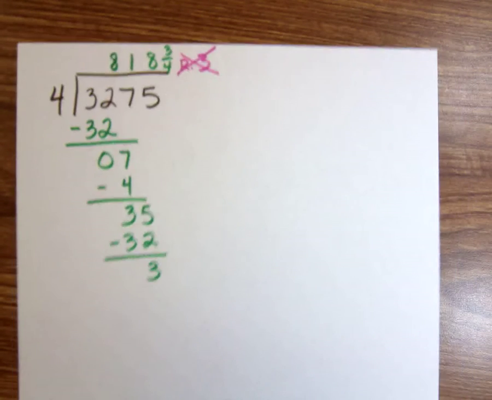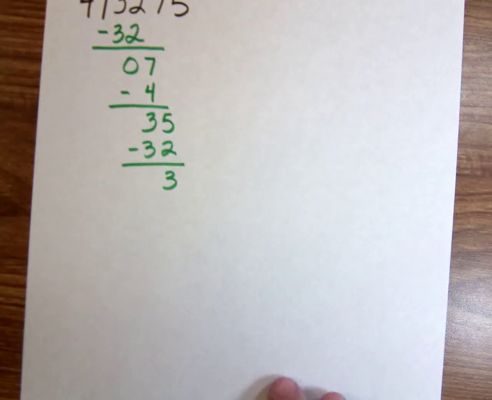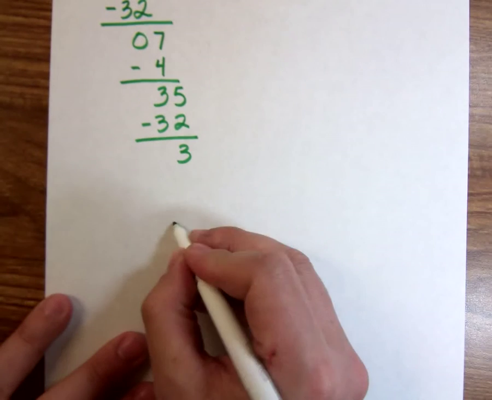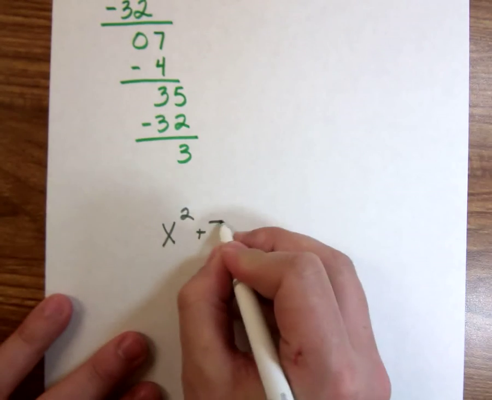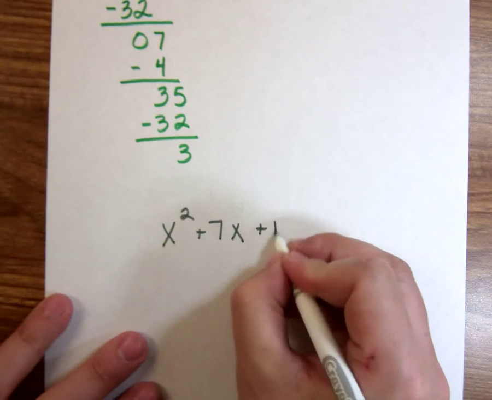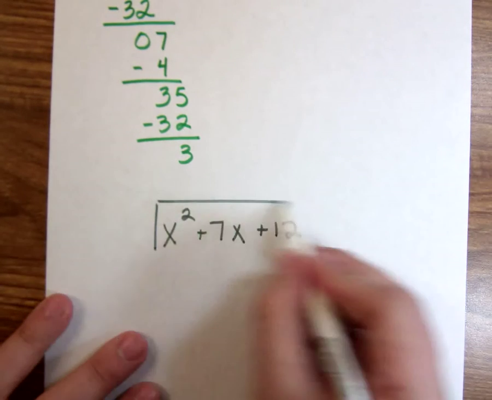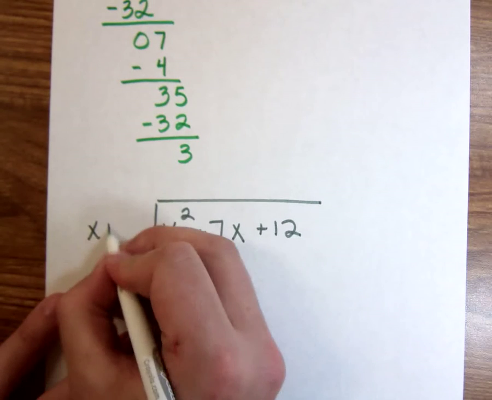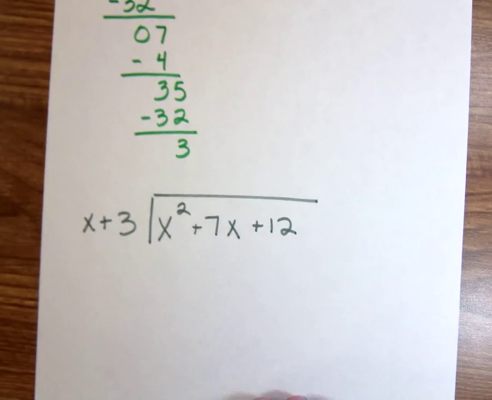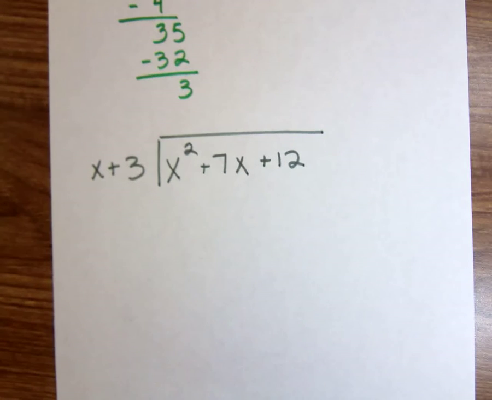Now, the reason we did that kind of silly problem is so you could do this. Because although this problem that I just wrote looks like a nightmare, and in a lot of ways it kind of is a nightmare, it functions more or less the same as that long division problem we just did.